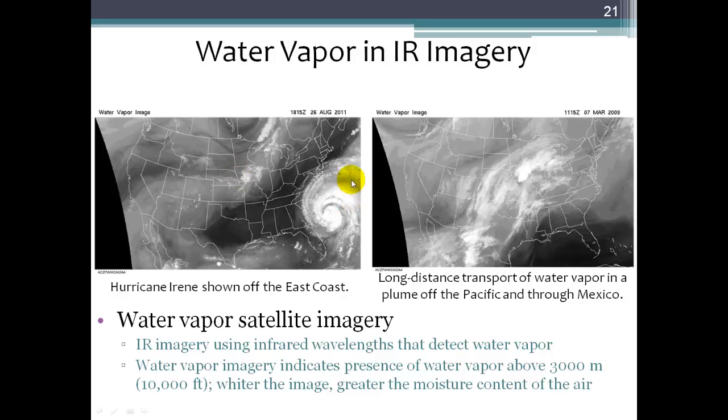So the water vapor imagery shows water higher in the atmosphere as bright white, like we see here with Hurricane Irene. And water vapor that's lower in the atmosphere becomes grayer. And if there's no water vapor at all, then we're seeing just dark spots. So you can see here an image from August and an image from March 2009, typical kind of profiles for the US.